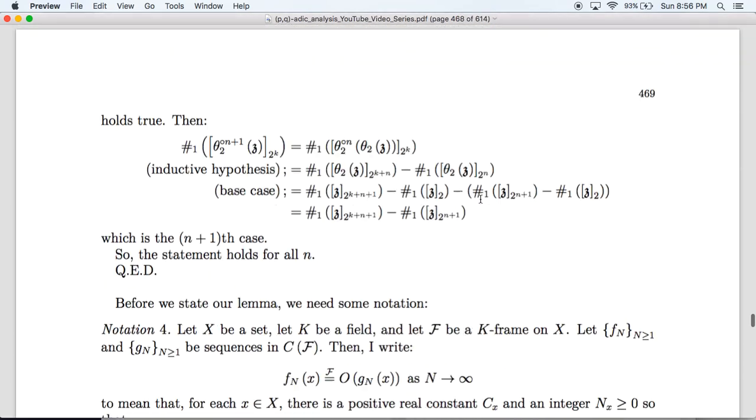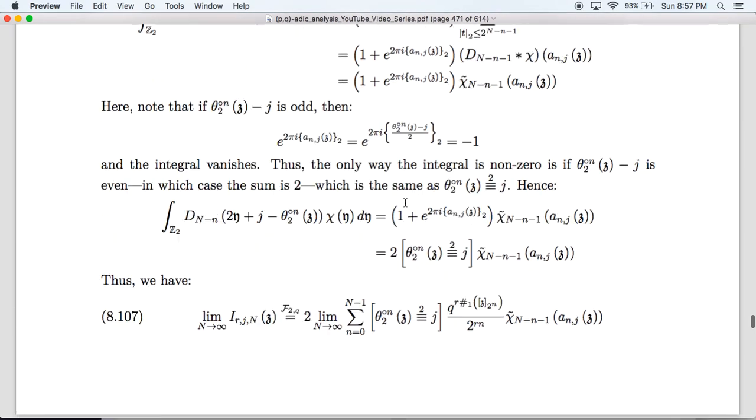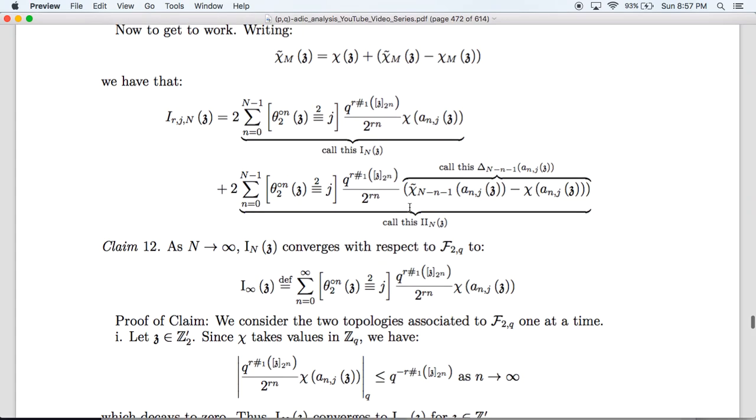Remember, just recall, our estimate was this, that the difference between chi of z and the nth partial sum of the Fourier series at z is bounded by this frame-wise. So we're going to get a frame-wise bound on this term, and in particular, as the subscript here gets larger, this term is going to get smaller.